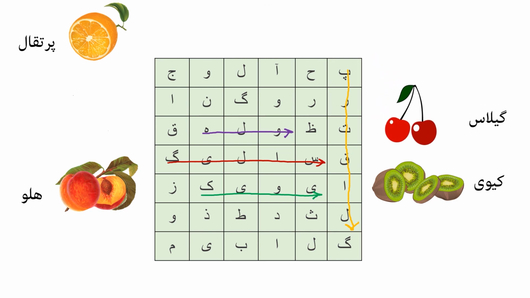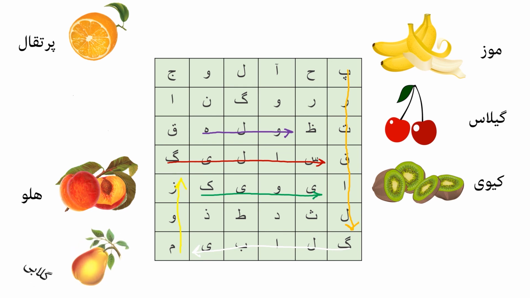The next fruit is from downward to the upward. موز. موز. And here comes the mouse. Now it's the time for گلابی. گلابی. From right to the left here. And gulabi is here.